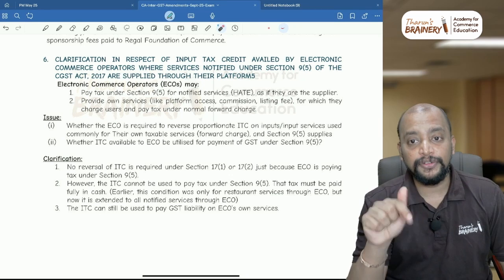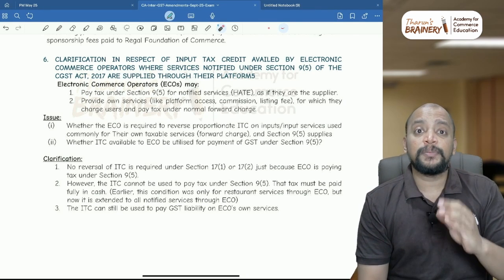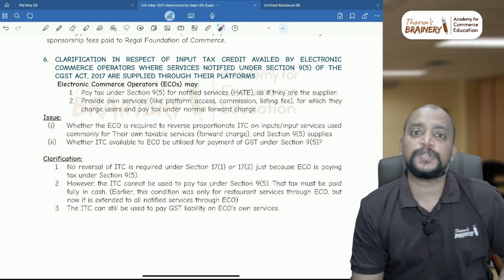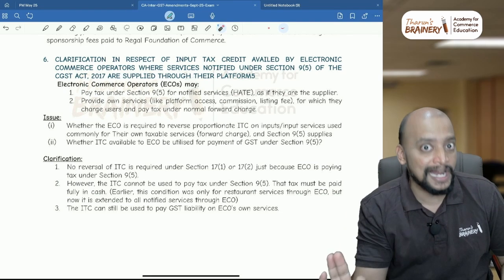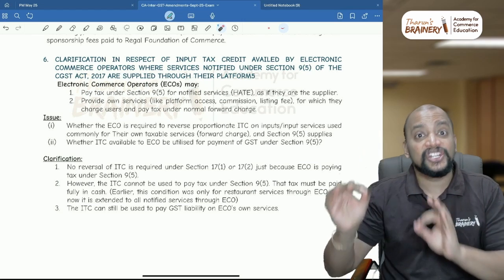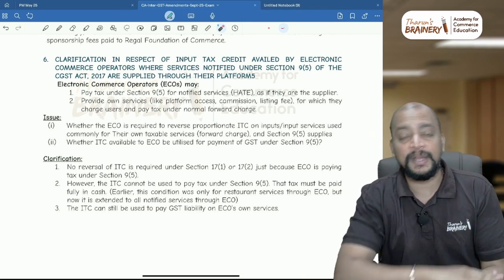Before this amendment, they could use input tax credit for payment of GST for HAT, housekeeping service, accommodation service and transportation service, but for eating food in a restaurant, they cannot use ITC, they have to pay through electronic cash ledger only. That was the position before amendment.